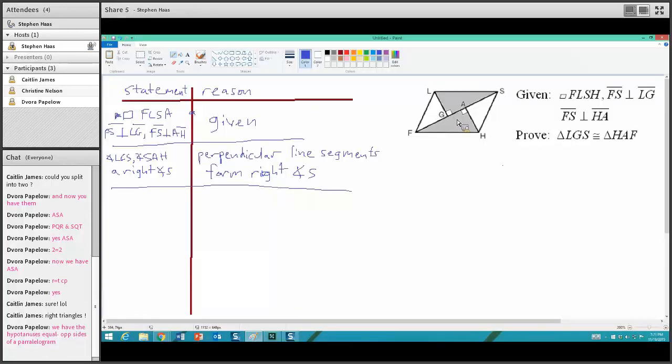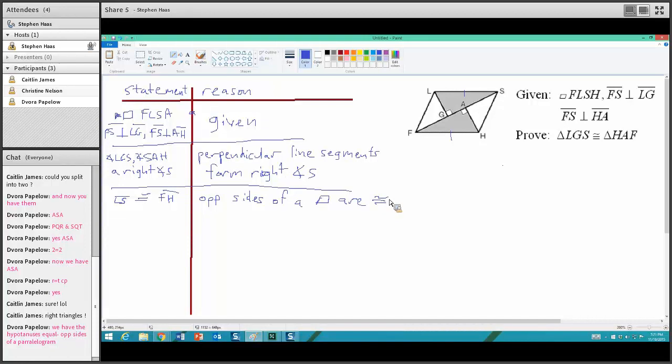Well, okay. The first thing, as Devore says, we can get LS and FH right away, because opposite sides of a parallelogram are equal. So right away we'll say LS is congruent to FH because opposite sides of a parallelogram are congruent or equal either way.